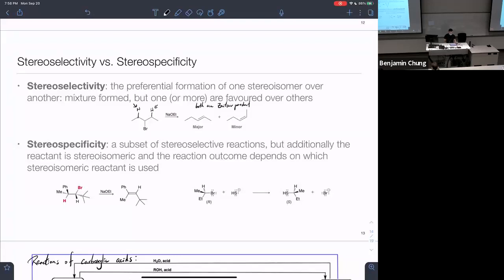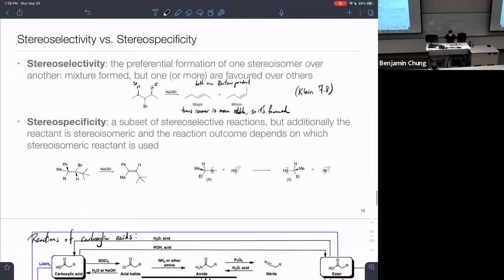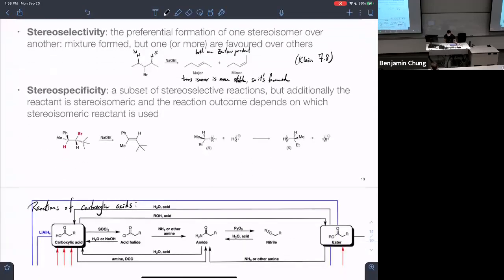And this gives you an example of why you should evaluate every reaction on its own merit rather than try to memorize, oh, elimination reactions always give Zaitsev or Hofmann, because that's not always necessarily the case. In this case, the trans isomer is more stable, so it's favored. This example is in 7.8 if you want more information on that.